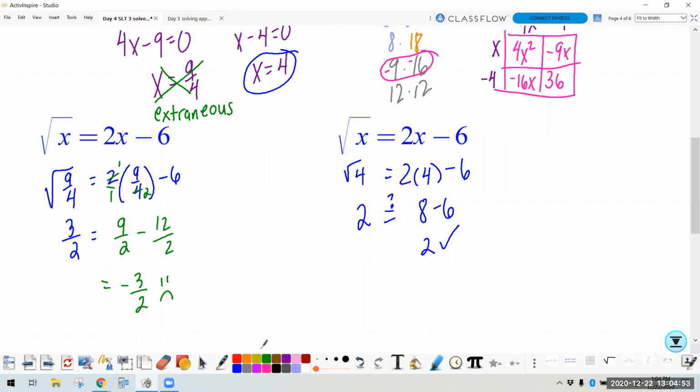Every time you start with the square root, you have to check for extraneous solutions. And why would an extraneous solution be a part of it? I'll show you. That's what the question that I keep scrolling down will explain.